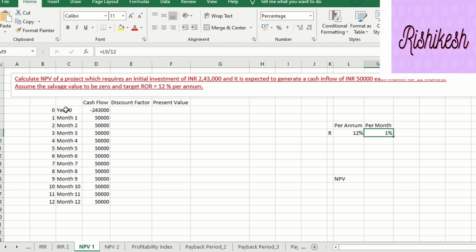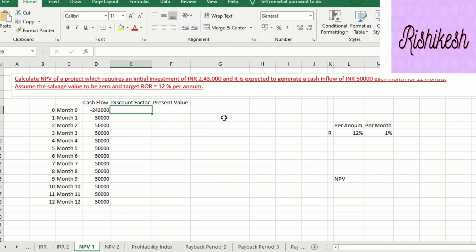So what it is saying is that in the beginning, let us denote it by month 0, there is a cash outflow, that is, you are investing. So we have denoted it with minus 2,43,000, and then in each of these 12 months there has been a cash inflow of 50,000 rupees. NPV, the net present value, is what we have to calculate, right?